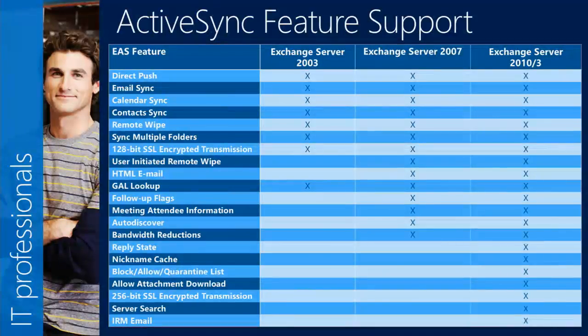Obviously, if you move back to Exchange Server 2003, you will get fewer capabilities, less functionality, less manageability in general using an older version of Exchange. With Exchange Server 2010, 2013, you get all the capabilities supported through Office 365 today on the server.